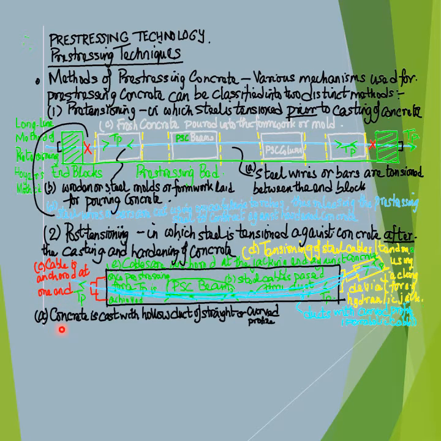The formwork is provided with a hollow duct that is illustrated by the light green lines, that may have a straight profile or a curved profile, such as the parabolic profile shown in this schematic figure.